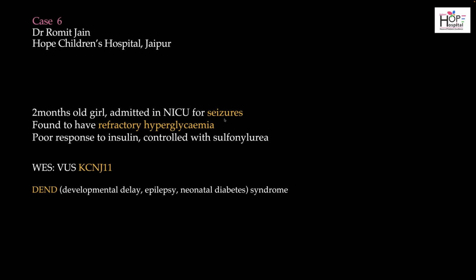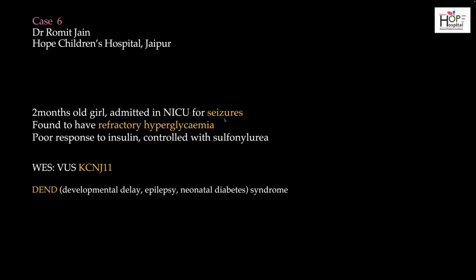Yes, sir. So this child presented to us at 1 month and 10 days of age with history of fever, few episodes of vomiting, and seizures. The child was managed as a case of meningitis and then referred to us because of refractory seizures.